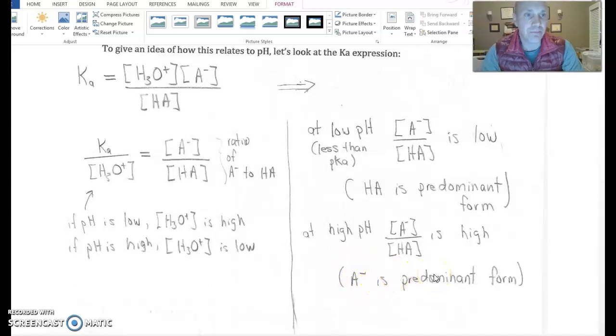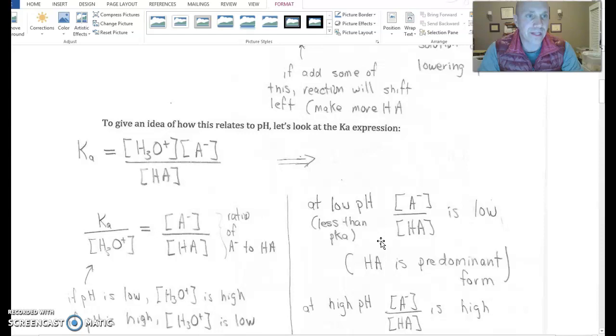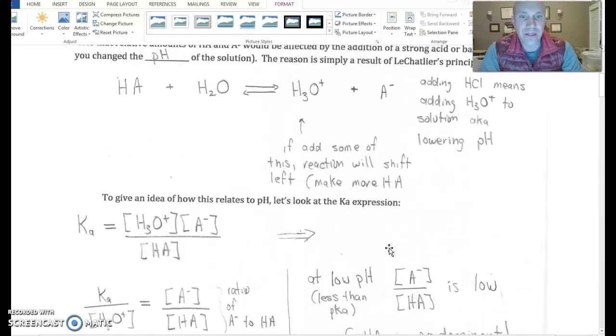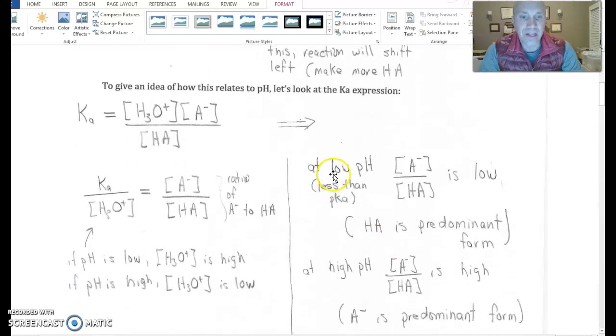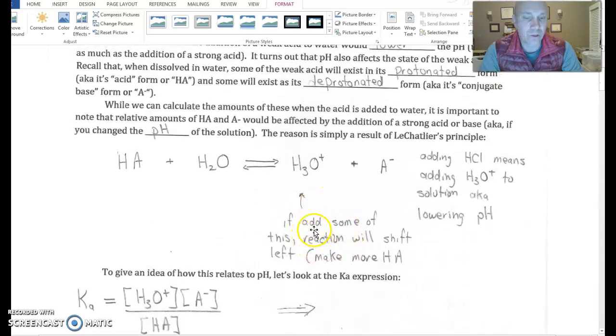So that's just mathematically talking about how you could prove this, but it's good to go back and think qualitatively, why would this be true? Well, we said that at low pH, HA is going to be the predominant form. At low pH, you have lots of H3O+, and according to Le Chatelier's principle, that should push this to the left, which means you should have lots of this and very little of this.